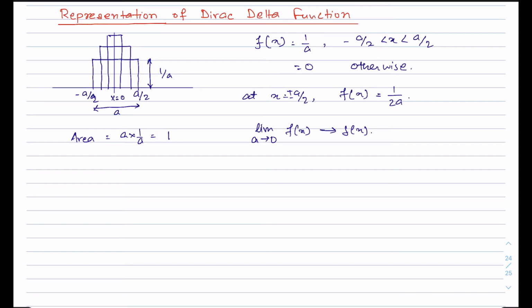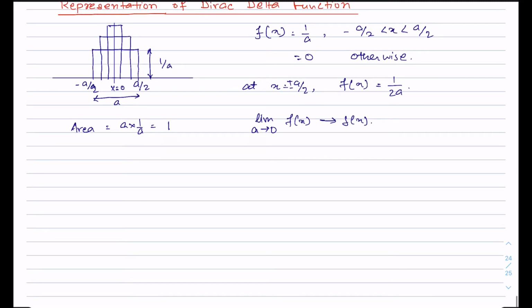Again, the area under this curve will be 1, and for a very small value of a, this function will behave as a Dirac delta function. So this is how you can model a Dirac delta function using a rectangular function. So let's see another example. Let's consider a triangular function.